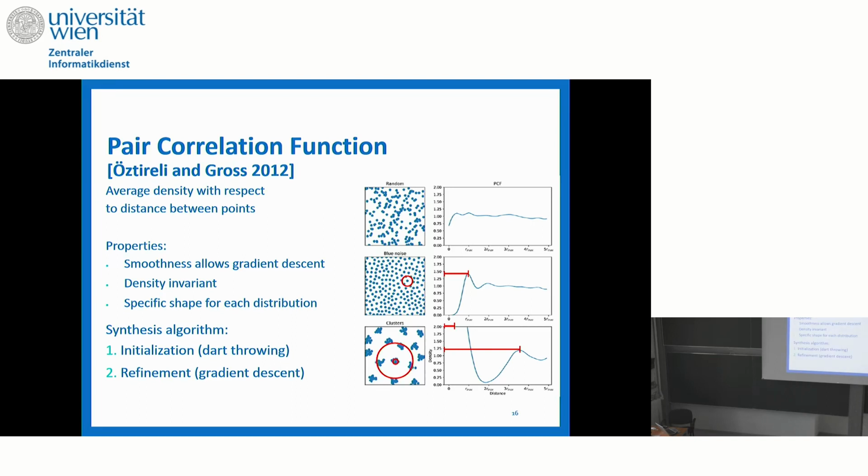And then you have other, more structured patterns that you can see, in which, again, the PCF seems to be a good signature to analyze them, right? And the idea to synthesize this kind of pattern from a given sample, or from a PCF that was extracted from it, would be to do a very simple dart throwing algorithm followed by some refinement to really adjust the final result.